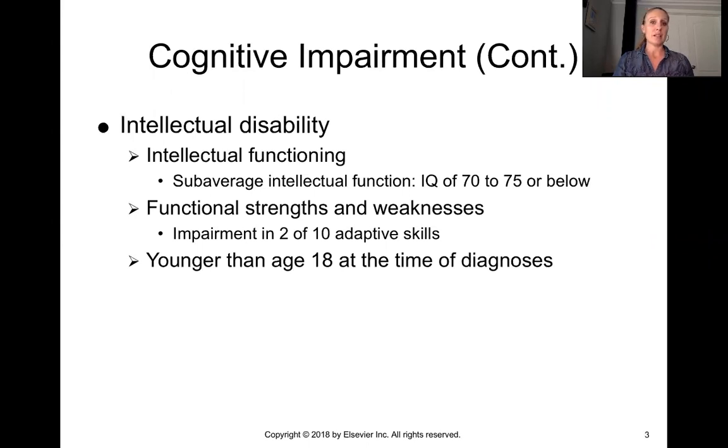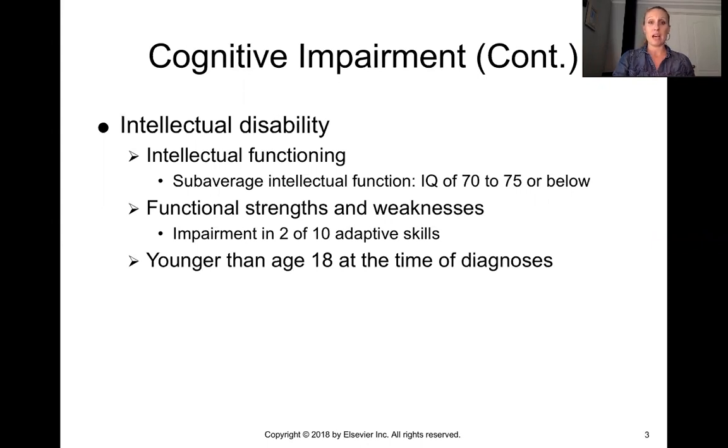And this is because if we don't notice it before 18, it probably has to do more with an injury that is causing this rather than the intellectual disability. In addition, once we're into that adulthood, it's going to be managed much differently.